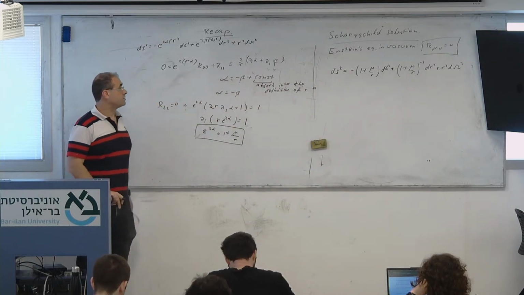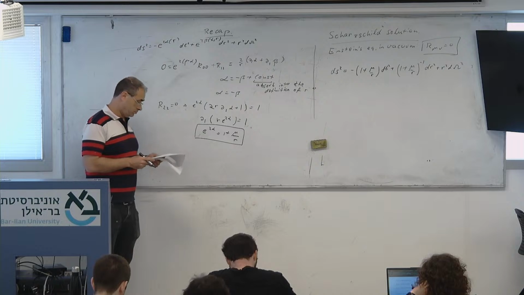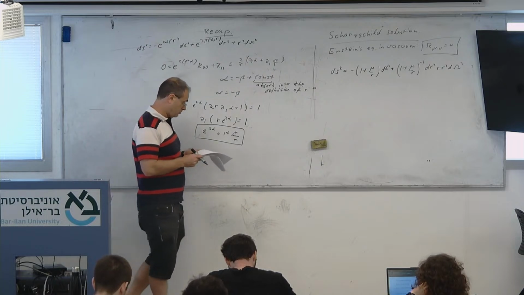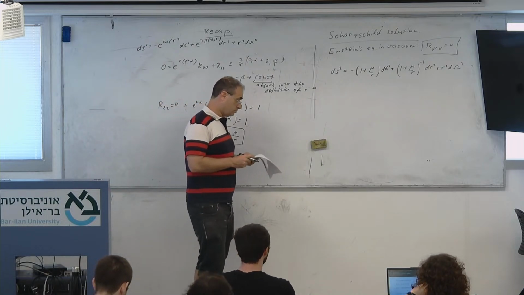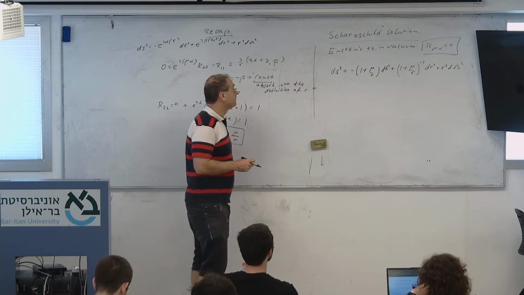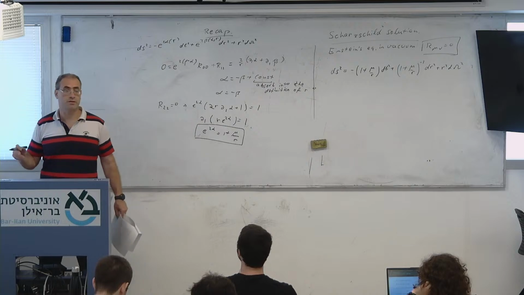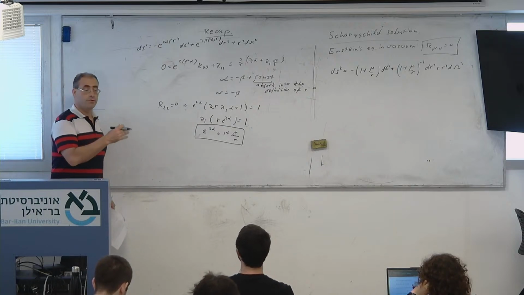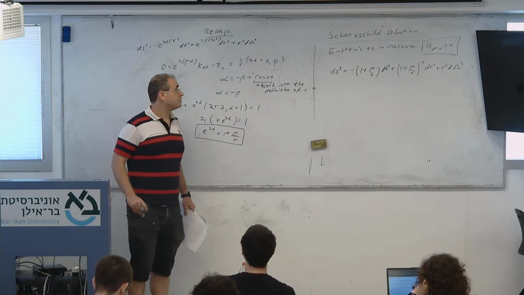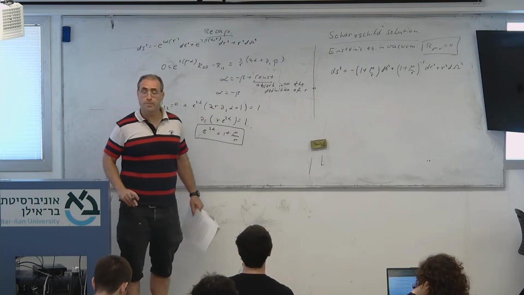Now we still don't know what this constant mu is. That's as much as we can go, because the other equations R00 equal to 0, R11 equal to 0 will be automatically satisfied by this metric.